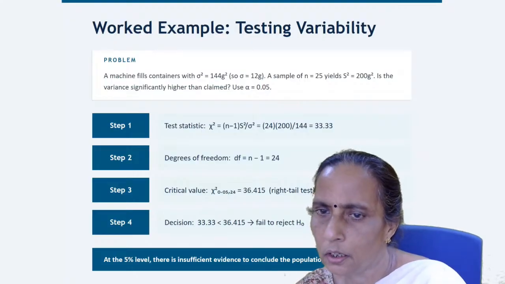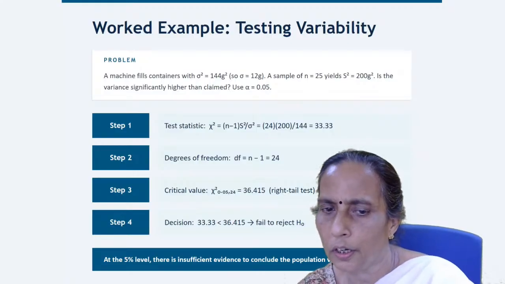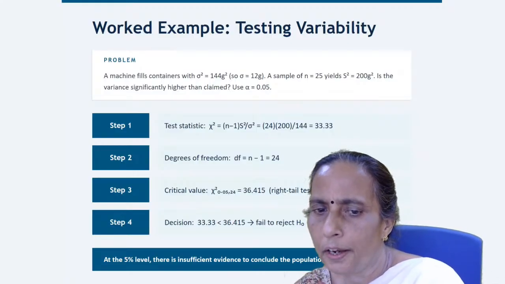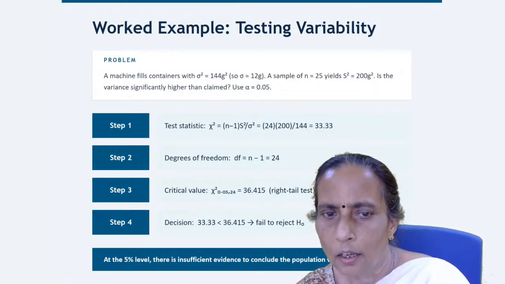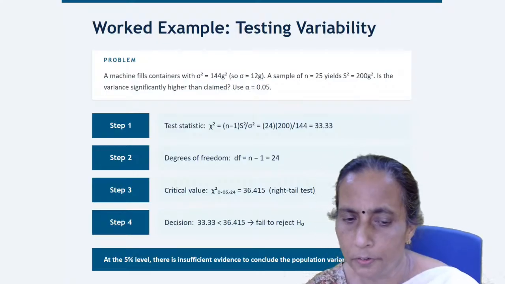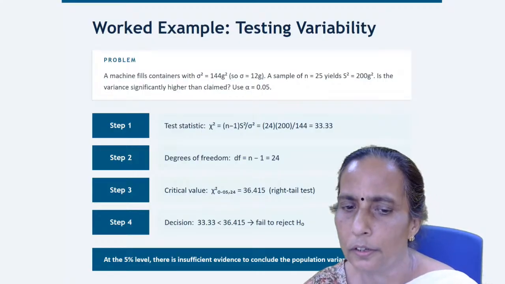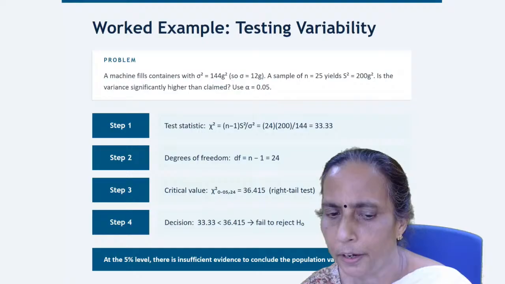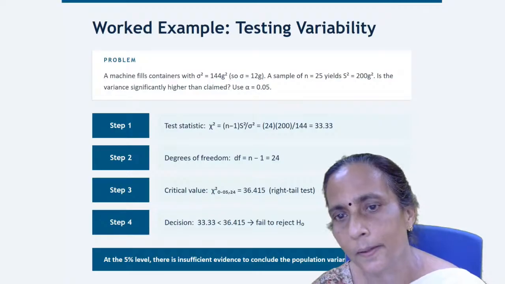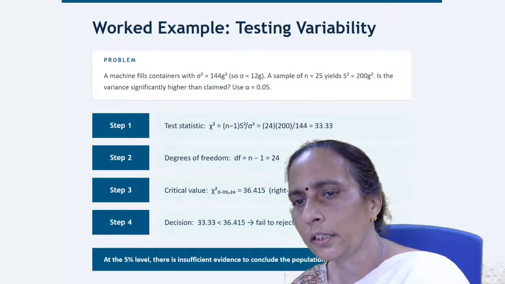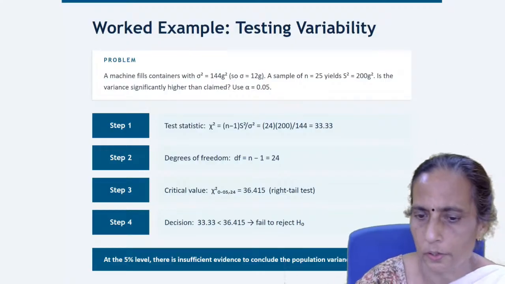The tabulated value is 36.415, but our calculated value is 33.33. So your calculated value is less than your tabulated value. So we say that at the 5% level of significance there is insufficient evidence to conclude that the population variance exceeds this. Sorry, that the sample variance exceeds the population variance.